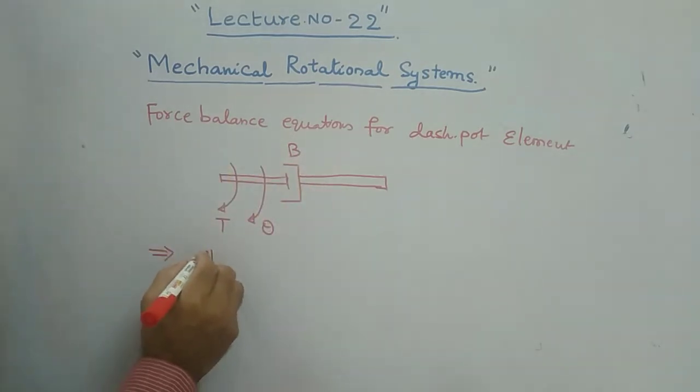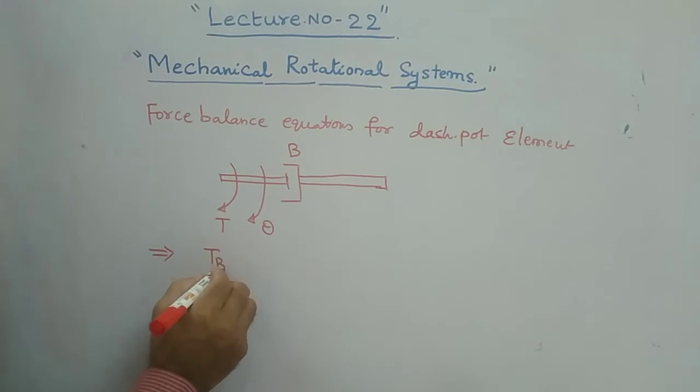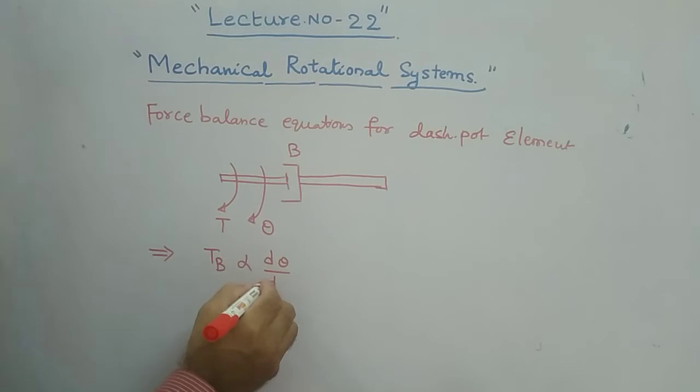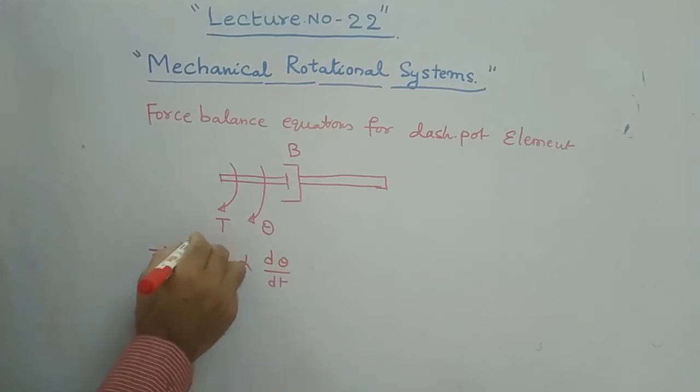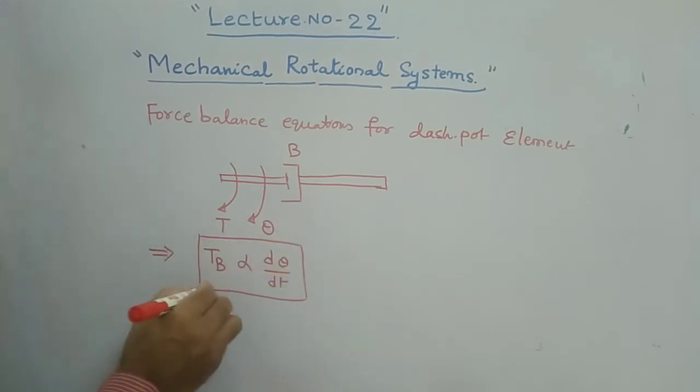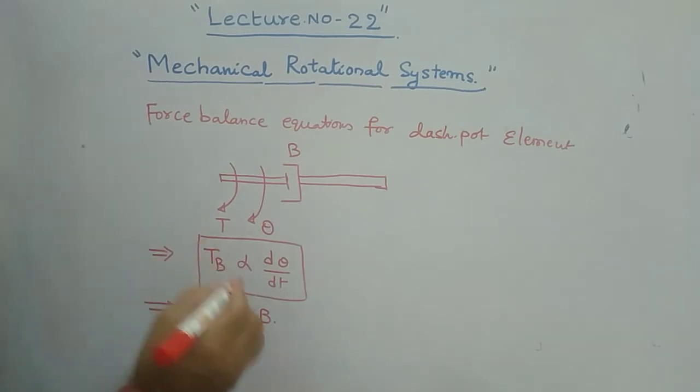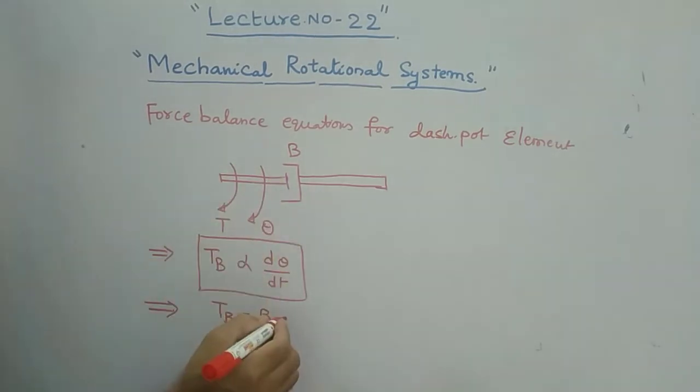Now the torque opposed by the dash pot element, T_B, is proportional to the velocity, that is d theta by dt. If you remove the proportionality, the constant is the dash pot element constant B, so T_B equals B into d theta by dt.